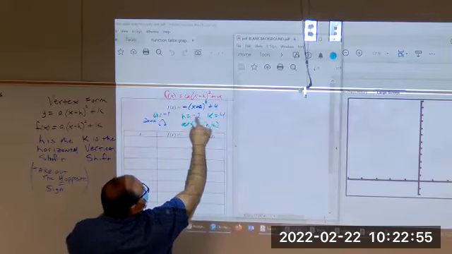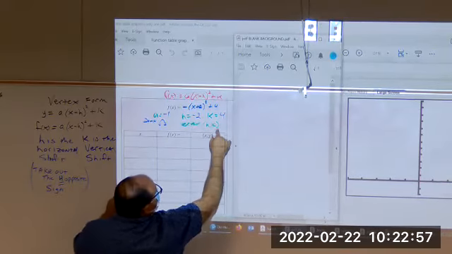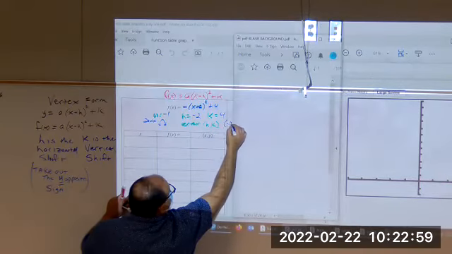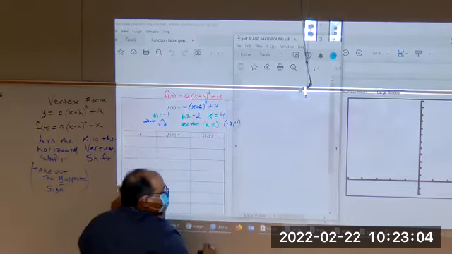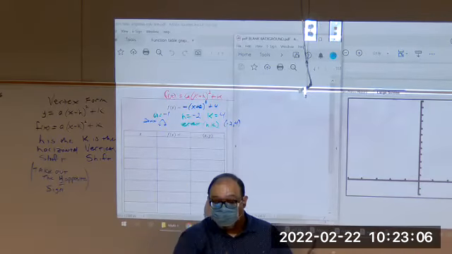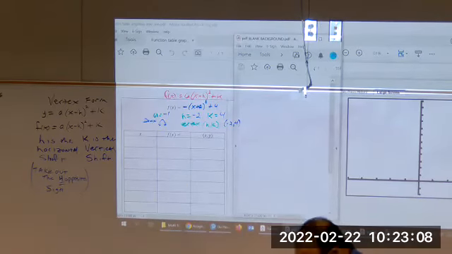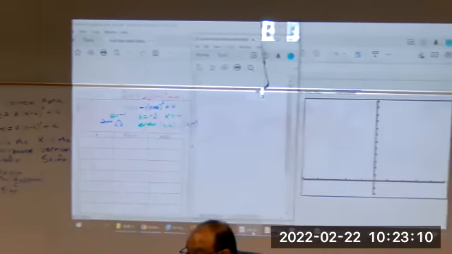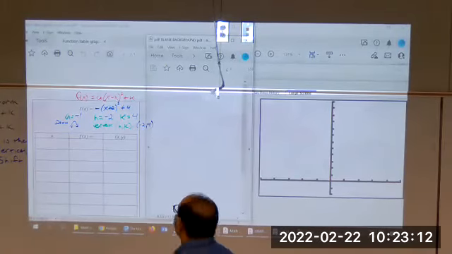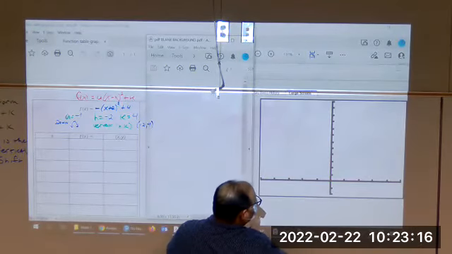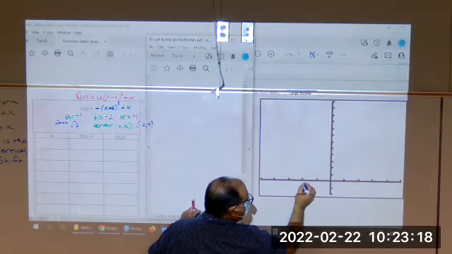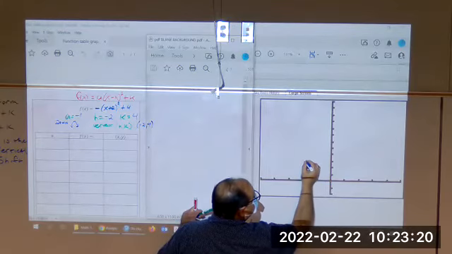So we have an h and a k. So the vertex of this is at -2, +4. The first thing I'm going to do is label the vertex. -2, +4. Left 2 and then up 4.